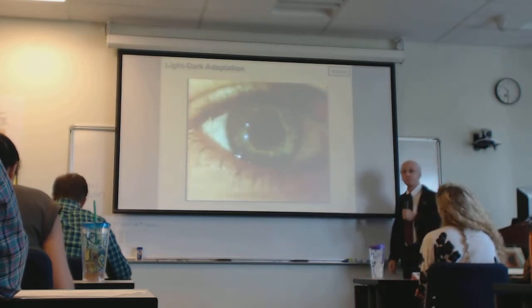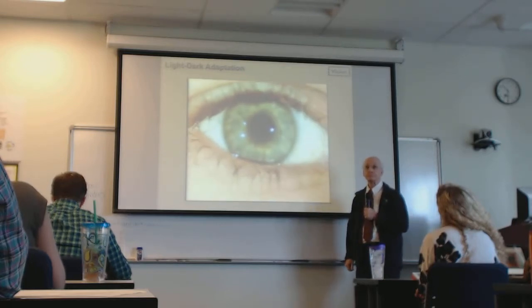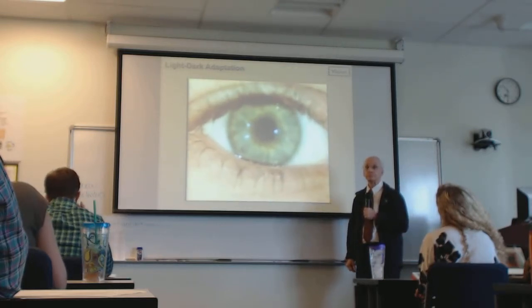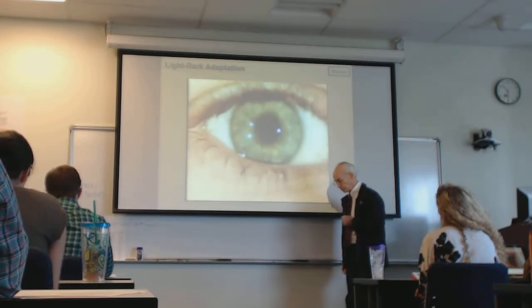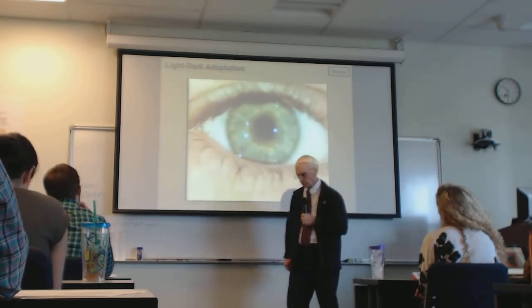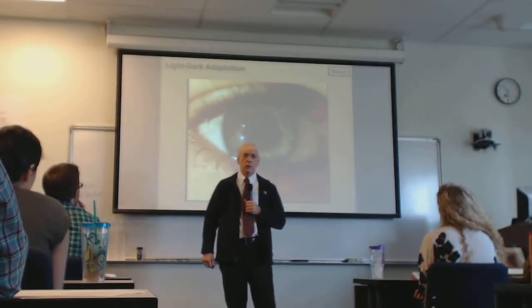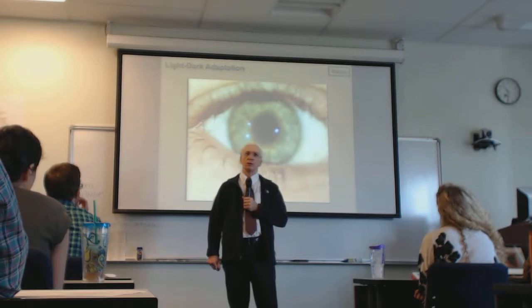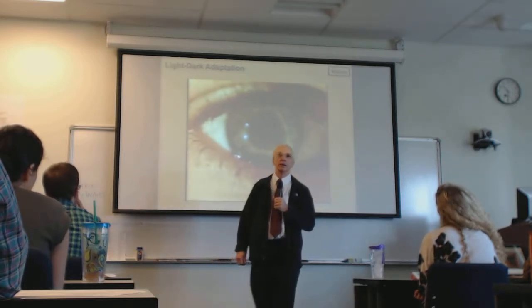Yes? Is there a certain level of darkness, or a level of lightness, that causes the retinal to separate from the opsin, I guess? Or you're asking, is there a threshold at which the light begins and ends? Yeah, I don't know what that would be.